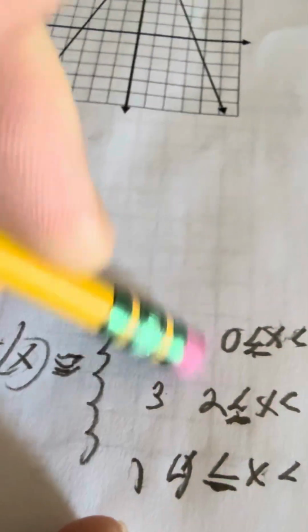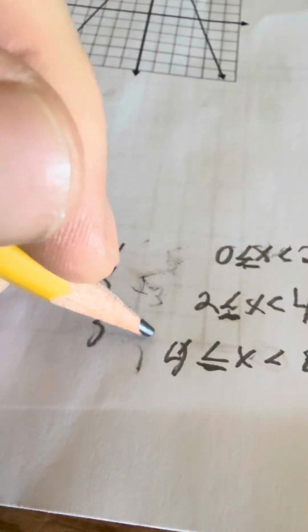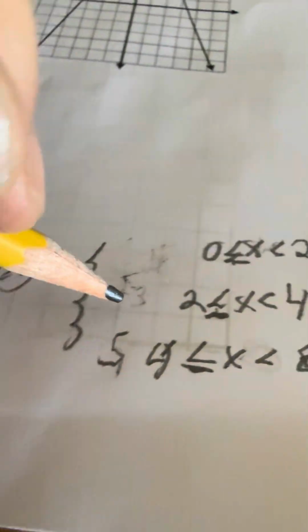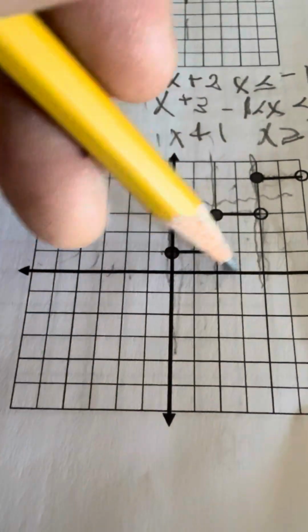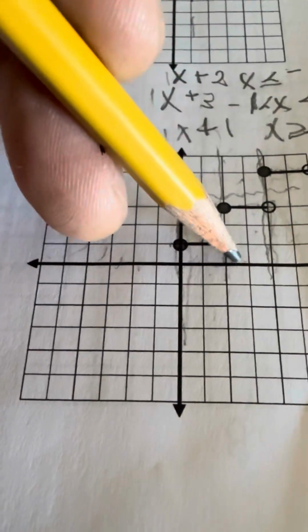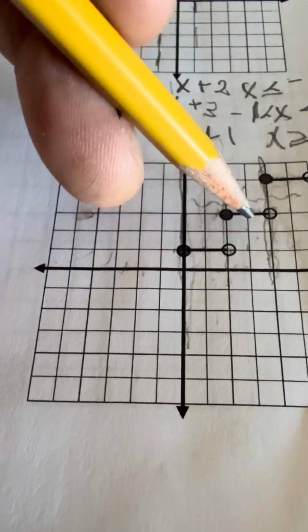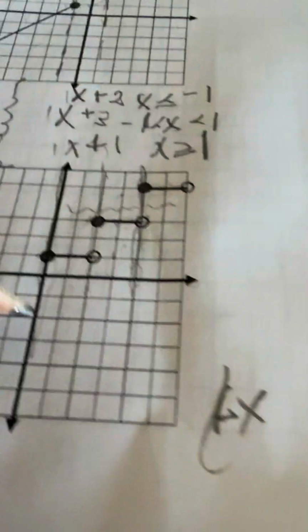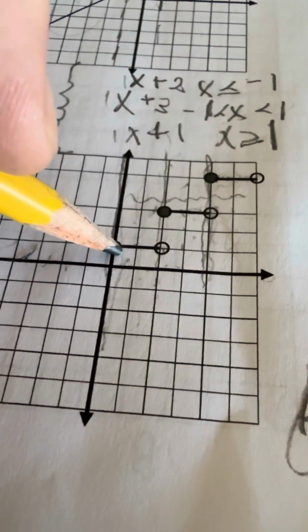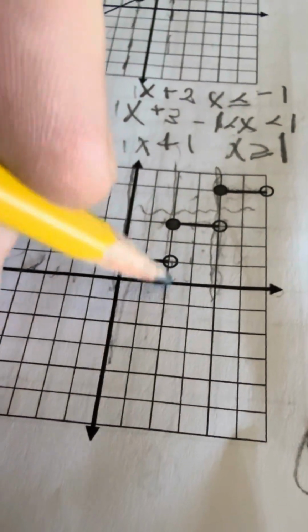I'm sorry. All right, there we go. 5. And when we're from 2 to 4, the function is equal to 1, 2, 3, 3. So that was correct. And the last one should be 1. We're up 1 when we're between 0 and 2.